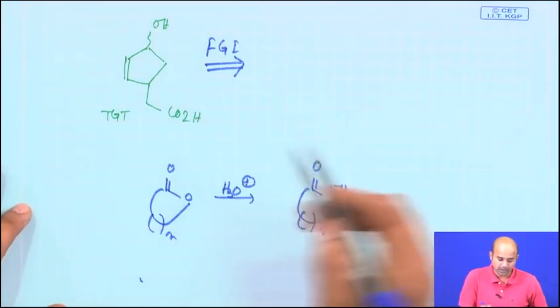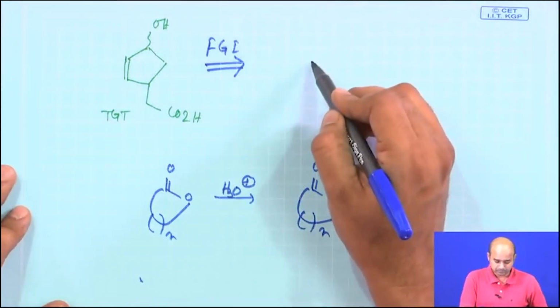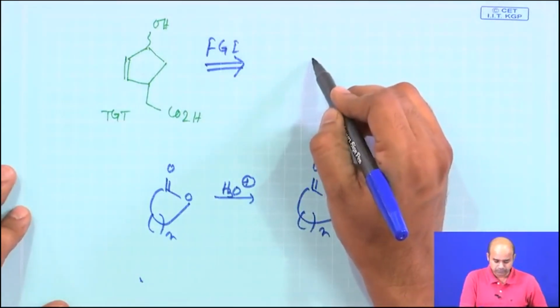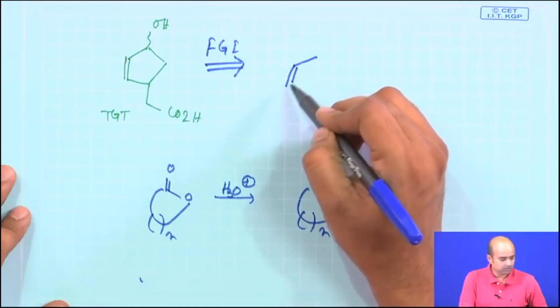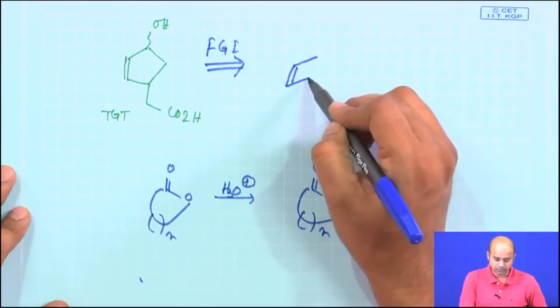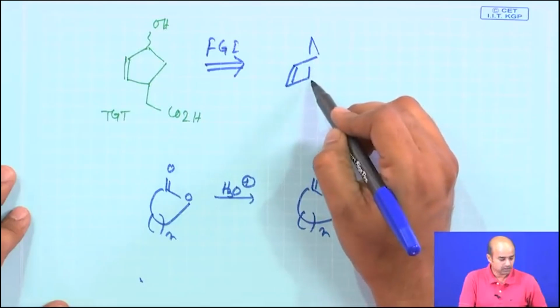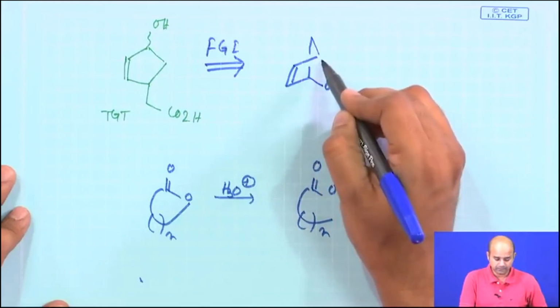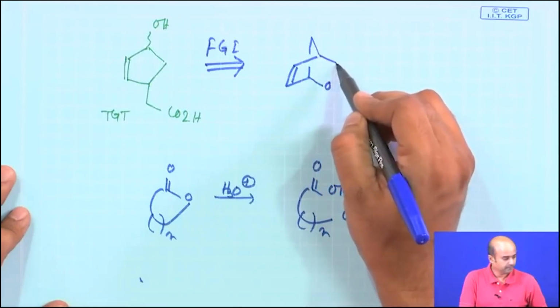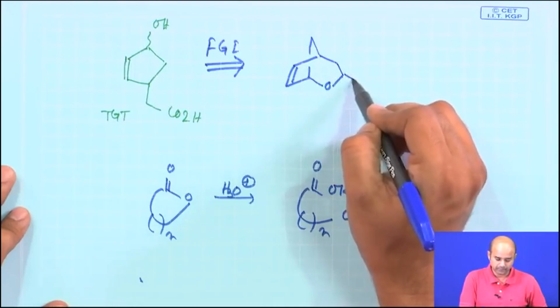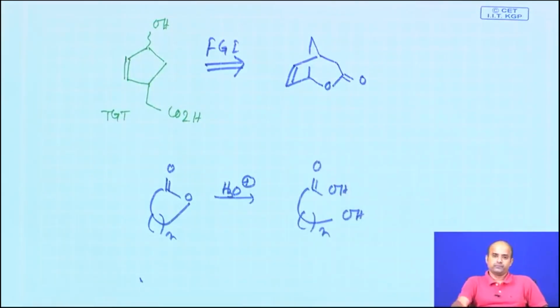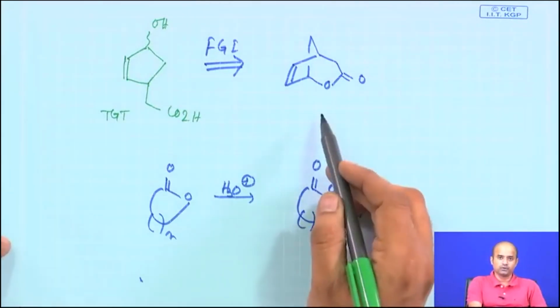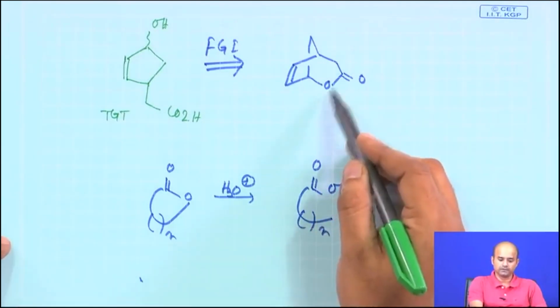You need to keep this in mind. So, you try to draw the lactone which will give you this hydroxy acid, and I figured out this could be the starting material, which after hydrolysis will give this.